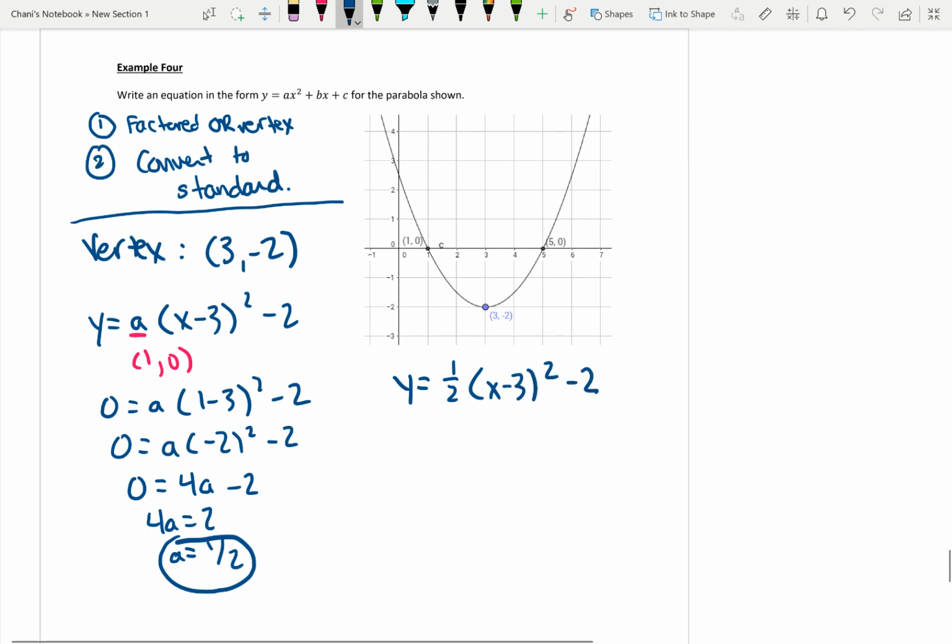Now I just need to use FOIL or my special product to get this to standard form. You have two options. Either you can rewrite this as (x minus 3)(x minus 3), or you can use your rule for perfect squares to get right to this expansion.